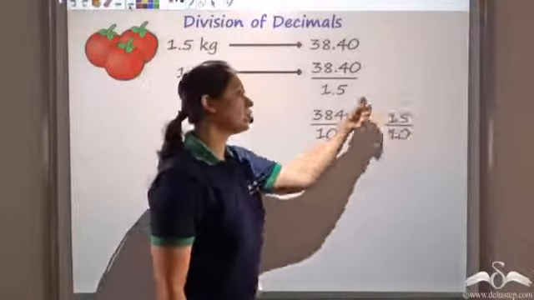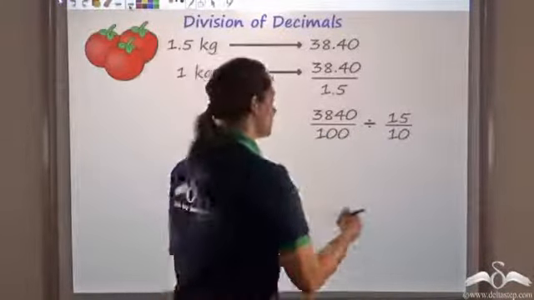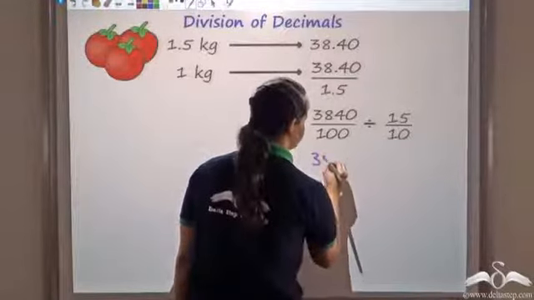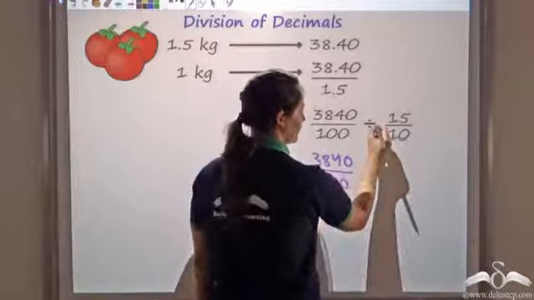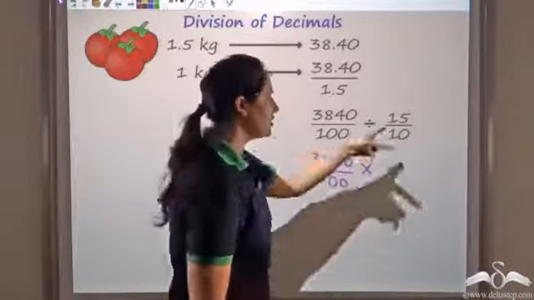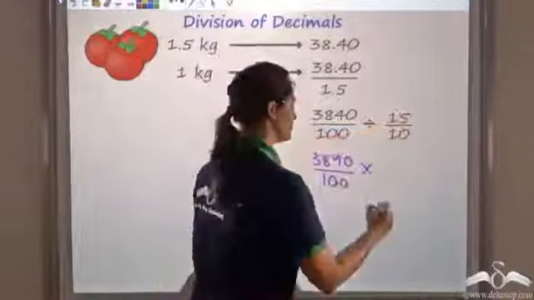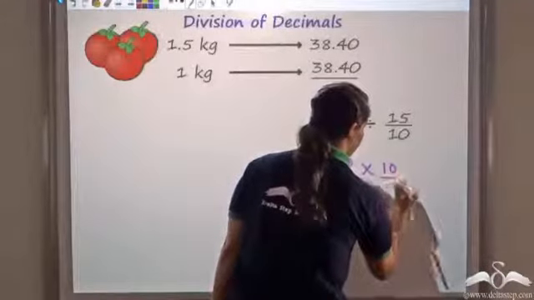Now I know how to divide two rational numbers. All I need to do is convert this division to multiplication. So if I convert this division to multiplication, I reciprocate the terms. So this would be 10 by 15.